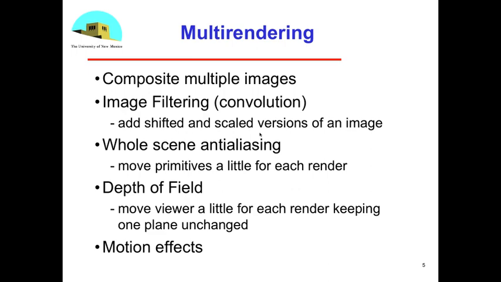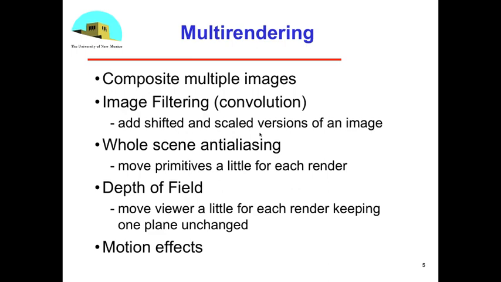One way to do this, and this again is worked out in the book, is to move the viewer a little bit, re-render, move the viewer again a little bit, jitter the position of the viewer, but do it in a controlled way so that one plane isn't changed. That one plane is the plane that stays in focus when you blend those images together. So it's a very nice technique, combining the graphical 3D view of the world with some digital techniques that allow you to do the compositing.